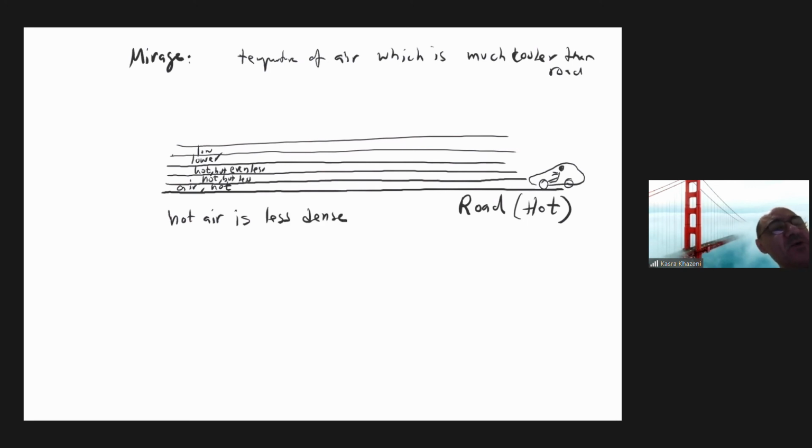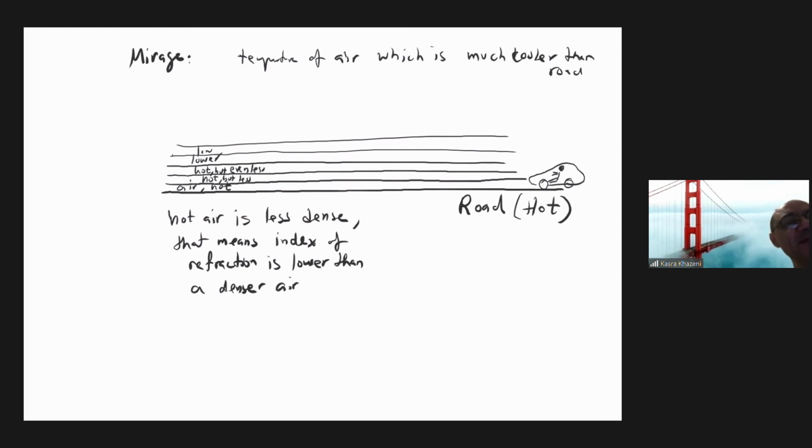All right. Now, hot air is less dense. Density goes down when it's hot. That means the index of refraction is lower than in denser air.